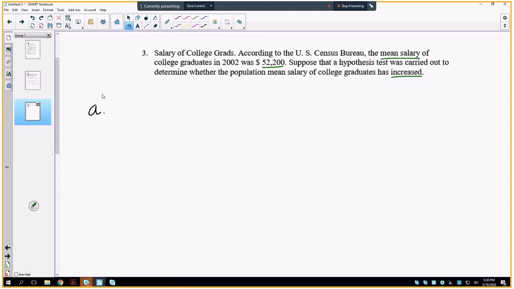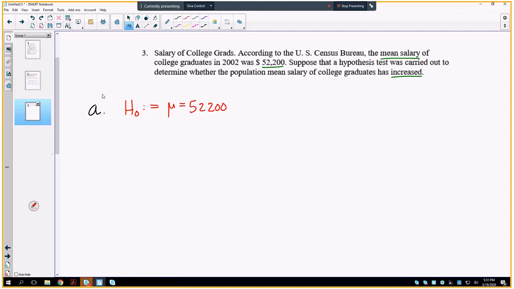So if we want to identify our null hypothesis and our alternative hypothesis, well, we know that the null hypothesis is just always going to be mu equals mu naught. And mu naught in this case, well, that should be the number given in the problem. So the null hypothesis is that the mean salary is 52,200.